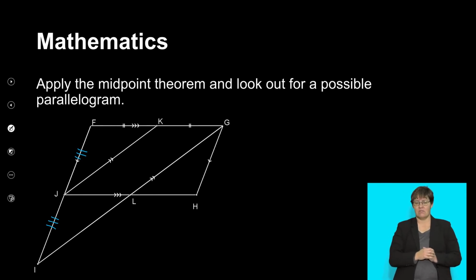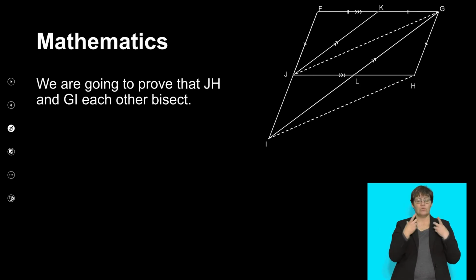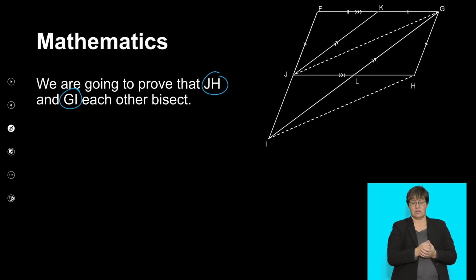So that's one of the things we can talk about there. And then based on that, we can try and throw in some parallelograms, which I'm going to do with a broken line now. So we are going to prove that JH is bisecting GI. Guys, this J and G are really, really confusing because they kind of sound the same at times.